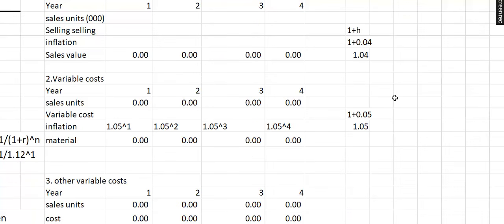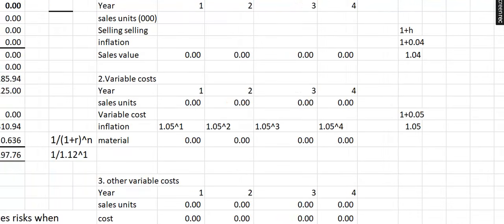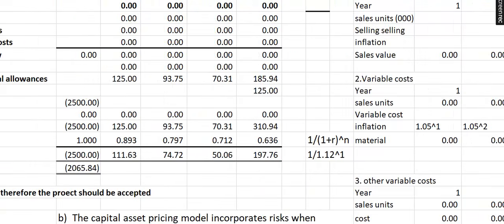I'll share this template later on. Okay, so this is our format that we'll be using in calculating the NPV.